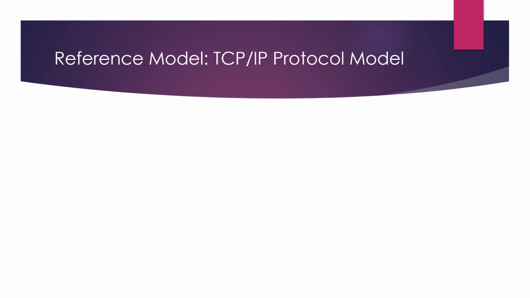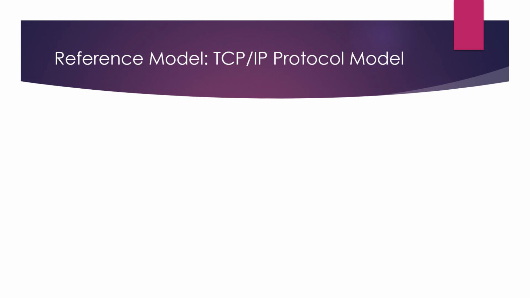The TCP/IP protocol model is the inter-network communication model and is sometimes referred to as the internet model. This type of model closely matches the structure of a particular protocol suite. The TCP/IP model is a protocol model because it describes the functions that occur at each layer of protocols within the TCP/IP suite. It is also used as a reference model, and compared to the OSI model, it has only 4 layers.